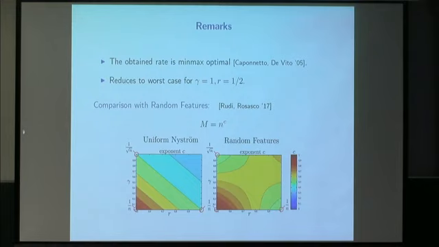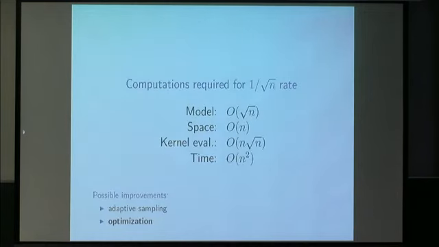Not very well with respect to the fact that the linear operator could be finite rank or with a small effective dimension. This problem can be solved, as we have seen for random features, by using adaptive sampling, and indeed in our papers we covered the adaptive sampling case, but here I'm not going to speak about this. I will cover more the optimization aspect, as we will see later.